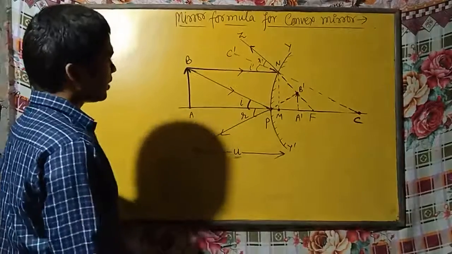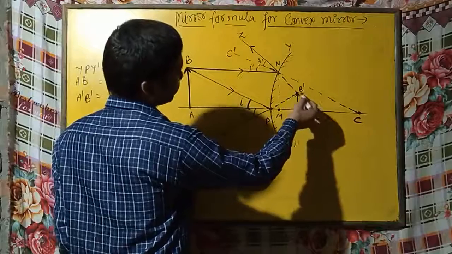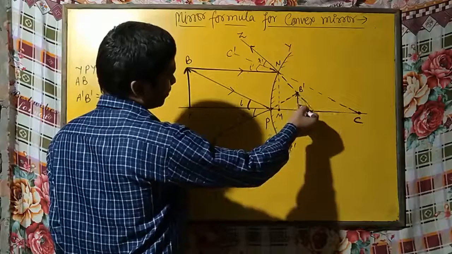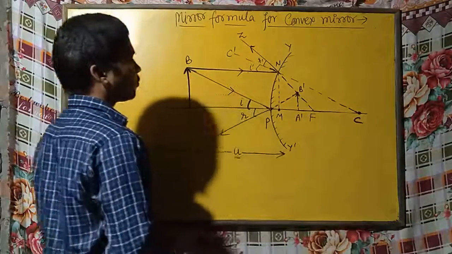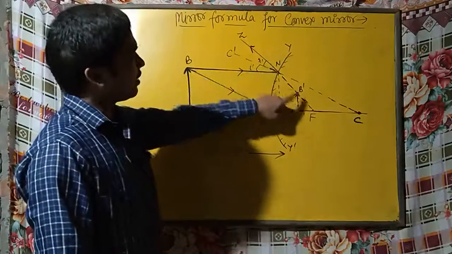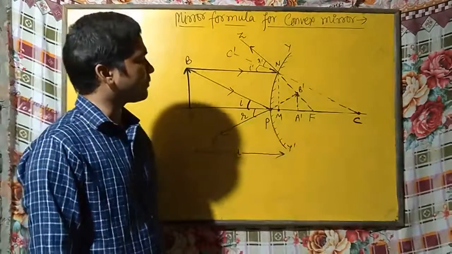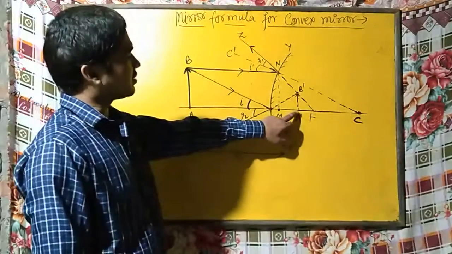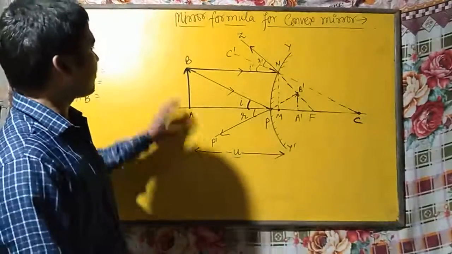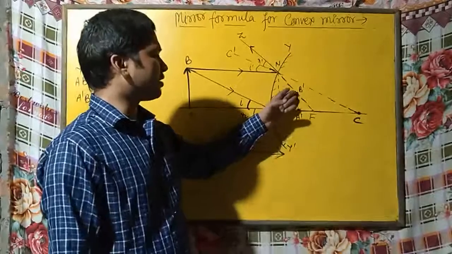Now the ray that is reflected from point P, when brought in the backward direction, intersects the ray NF at point B', and this position becomes the virtual image. So here you can see the two reflected light rays, one ZNF and the other PP', intersect at this point B'. Then the position of the image is this, that is A'. You can say A'B' is the image of object AB, but you can see in reality no light reaches this point.